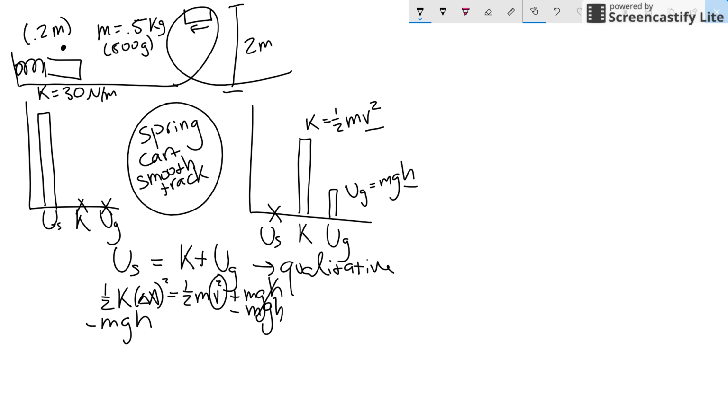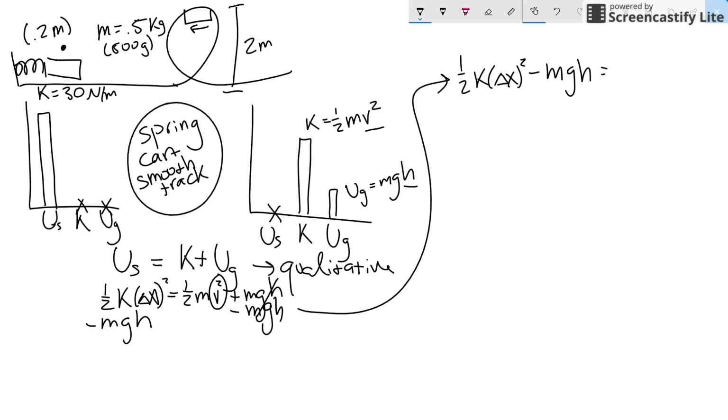Okay, we can rewrite our equation. Let's do it over here. 1/2 K delta X squared minus mgh is equal to 1/2 mv squared.